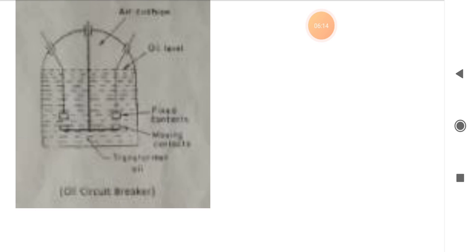But the main difference between an ordinary switch and a circuit breaker is that an ordinary switch operates for a low voltage, but a circuit breaker operates for higher voltages.